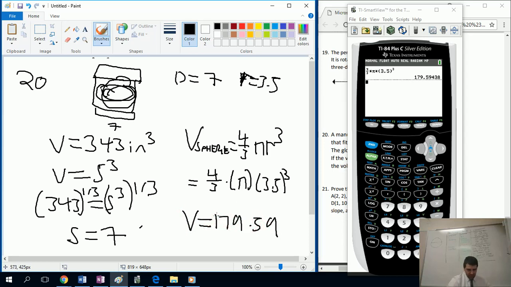So I think I did that correctly, but I'm pretty sure I found the surface area. Volume of the sphere is 4/3 pi r cubed, and the radius is going to be equal to 3.5 because the diameter is equal to 7. All right.